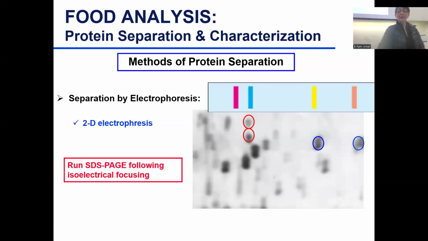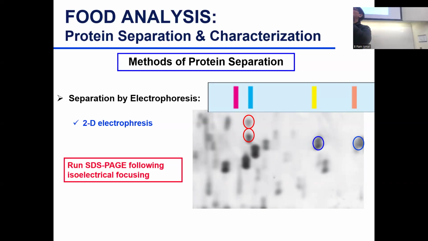But like I said, this is often used as a two-dimensional electrophoresis, where we do the first separation based on isoelectric point, and then we get another cassette, like this one, but the cassette has only one well. From beginning to end, you only have one well.